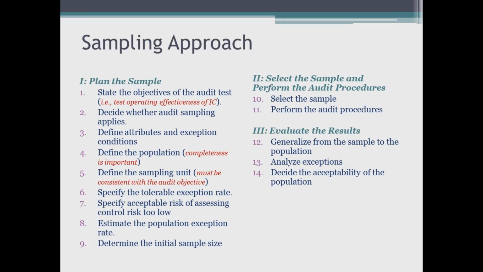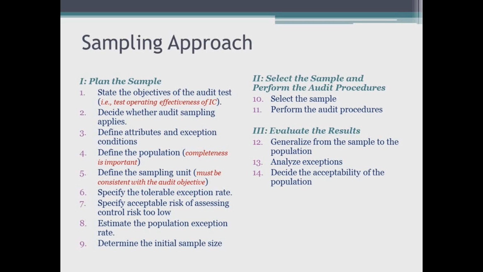Right? So an attribute would be the existence of sales invoice number in the sales journal. That's what you're testing. You're defining that. And that is tied to procedure number 12, which is table 15.2. Procedure 12 says, account for sequence of sales invoices in the sales journal. The attribute related to that is the existence of the sales invoice number in the sales journal.